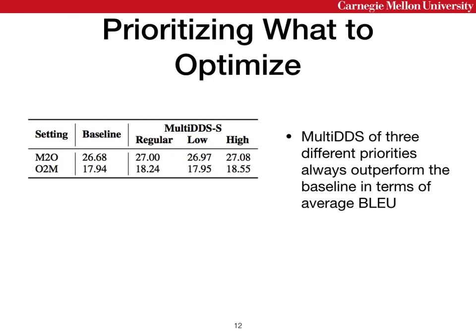First, we compare the performance of all 3 settings with the baseline in terms of average BLEU score. We can see that MultiDDS still outperforms the baseline, no matter what priority it uses.